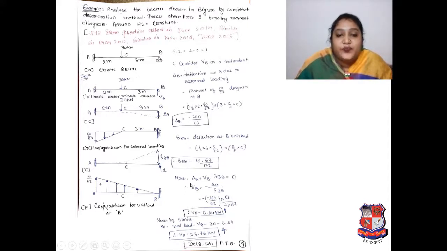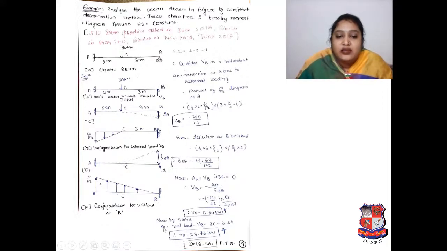Now we know delta B plus VB into del BB is equal to 0. Okay, so VB is equal to minus delta B upon del BB. Therefore, minus in bracket minus 260 upon EI multiply EI upon 41.67. Okay, therefore VB is equal to 6.24 kilonewton positive in upward direction.